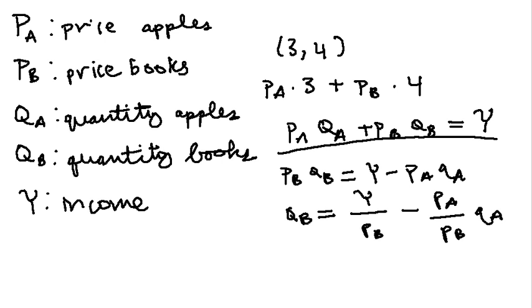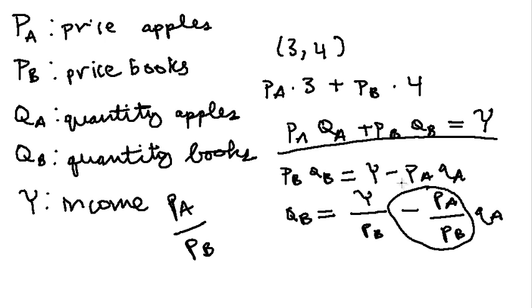There's a couple of interesting things that we can get out of this point-slope form. First, you can notice that the slope of the line is minus PA over PB. And if we take the absolute value of this, we get exactly the relative price. In previous lessons, I've tried to hammer in that the slope of the line is the relative price of good A in terms of good B. So it's really interesting that the mathematical result is the exact same intuition.